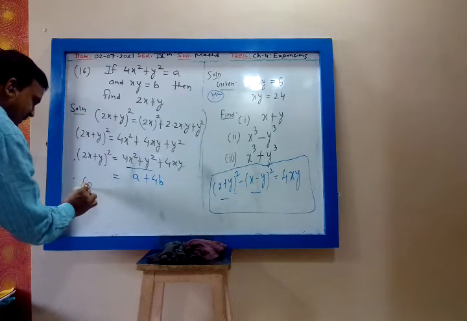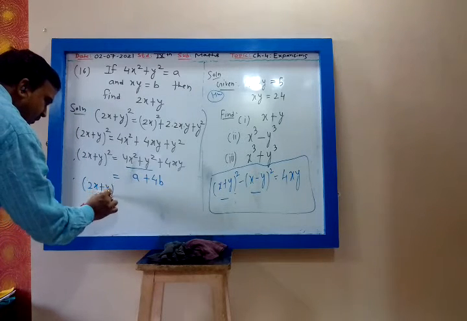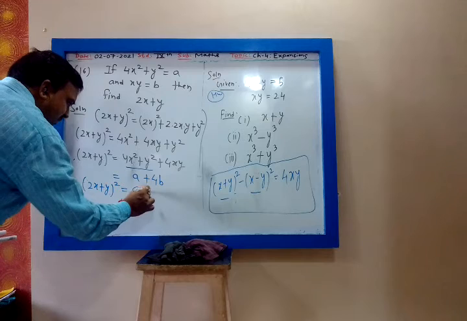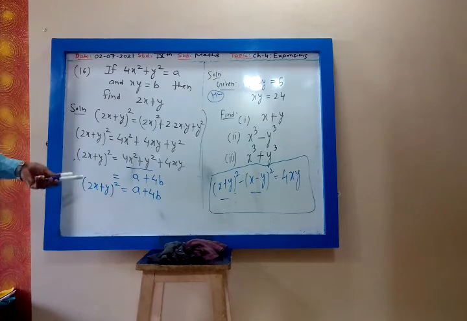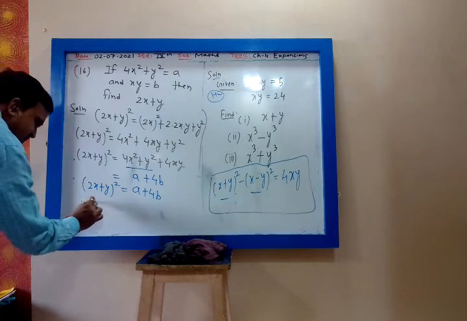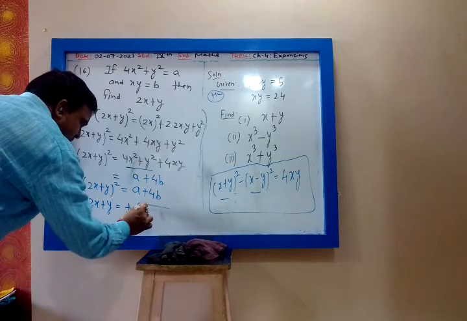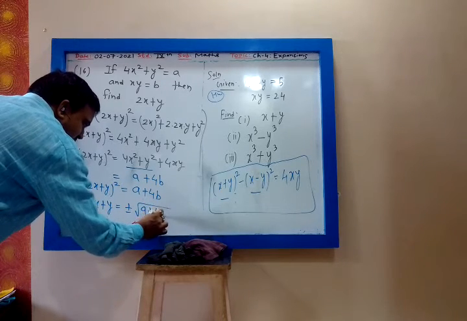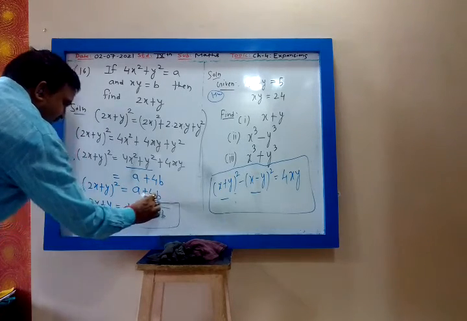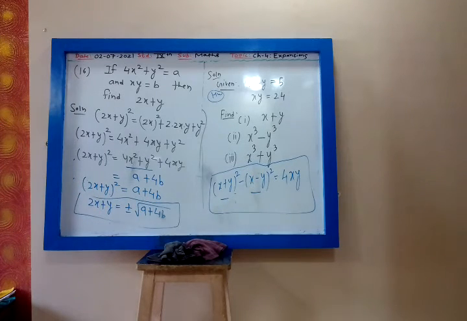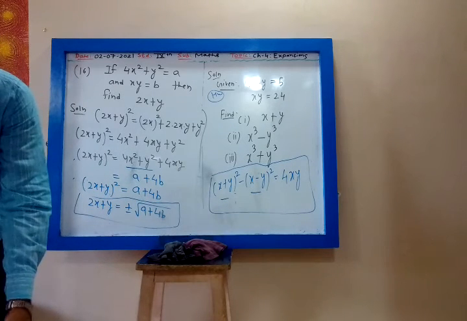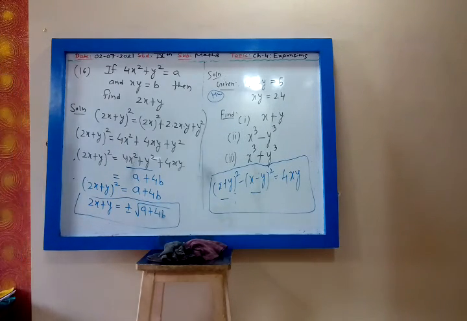So you will get 2x plus y whole square is equal to a plus 4b. Taking square root on both sides, you will get 2x plus y is equal to plus or minus square root of a plus 4b. This is the answer.